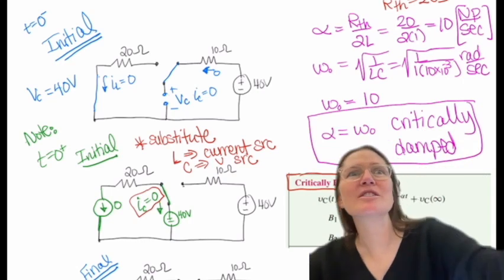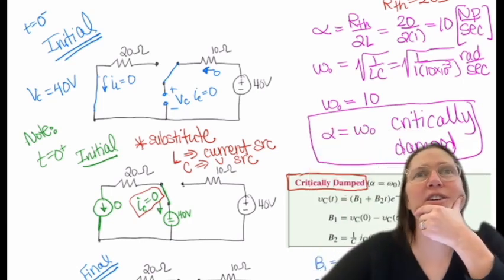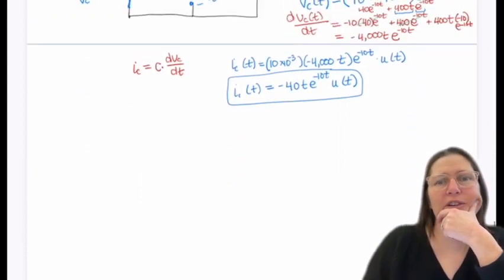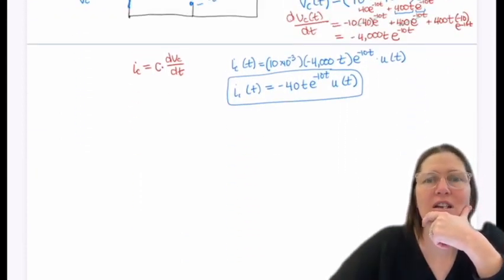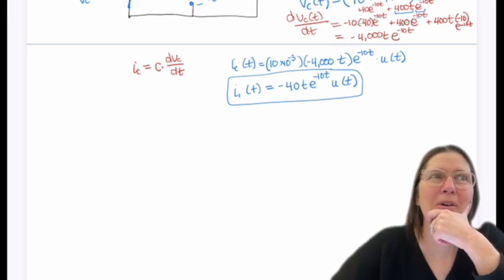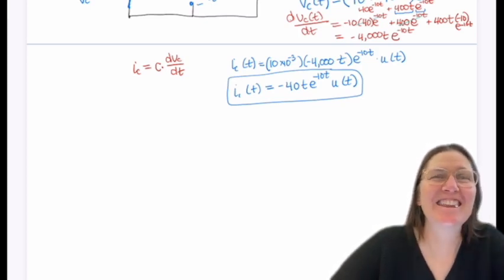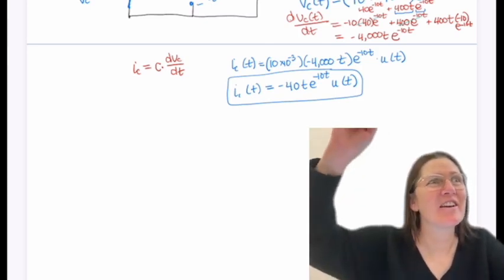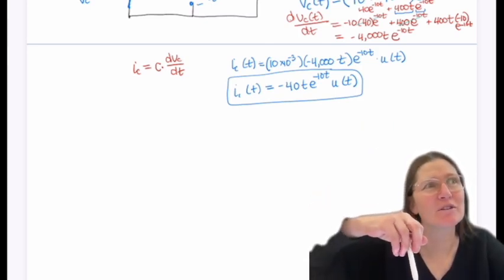Another question I saw: for the final exponential function we derived, if we were to draw that, would it be concave up or concave down? How does that look? If you don't know, that's okay. I'm going to pull up my calculator. So what does it look like? At first it dips down. It goes to minus 40, right?